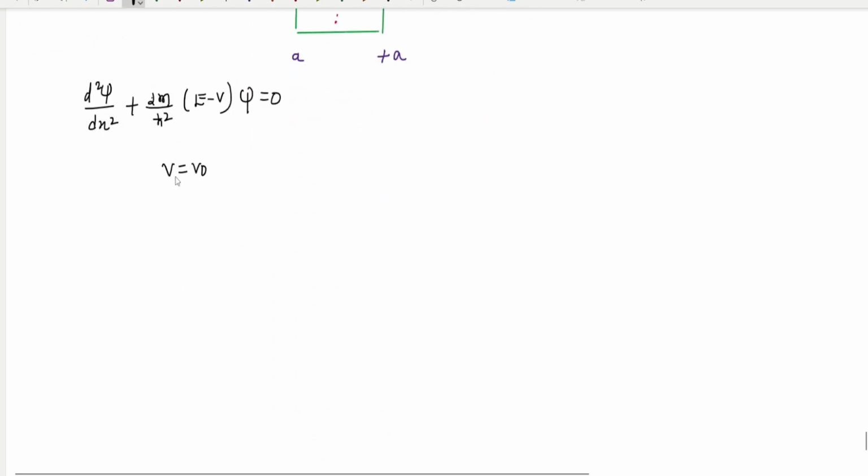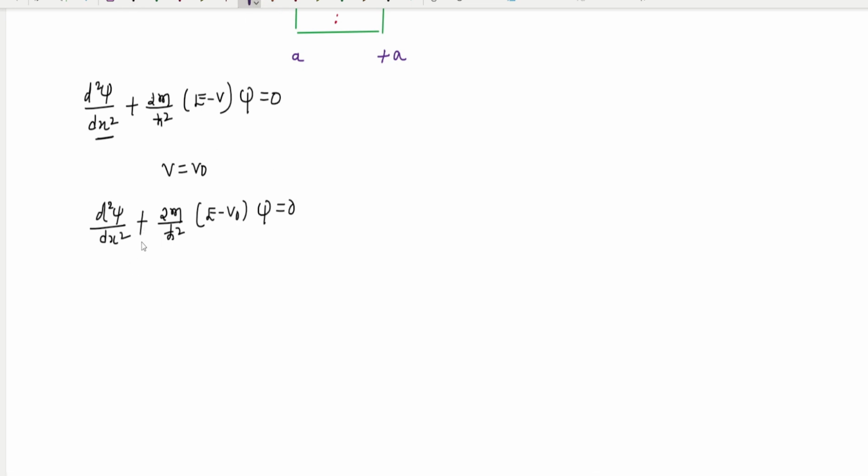If you put V equal to V naught here, then you can get the equation like this. I'm going to modify it a little. Here we're discussing a one-dimensional problem, which is why I'm writing x; the remaining two dimensional motions are restricted. So 2m divided by h cross square into E minus V naught times the wave function psi equals 0.